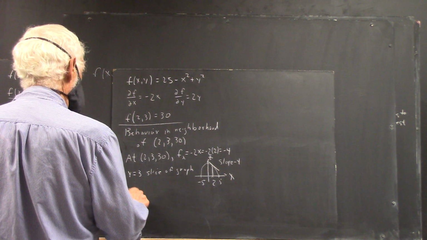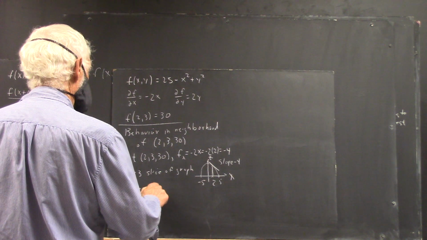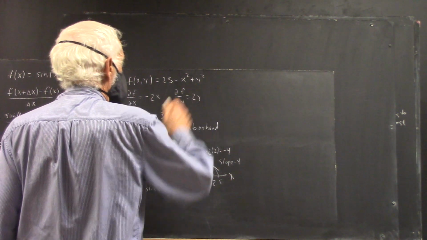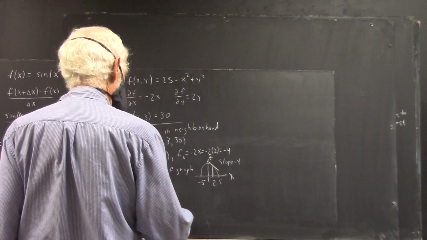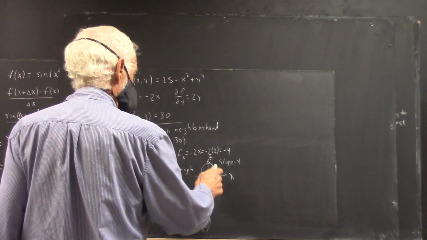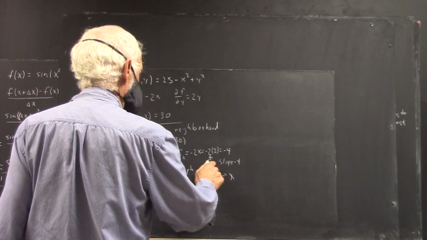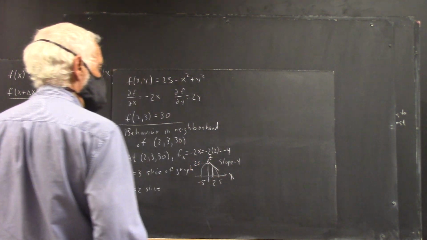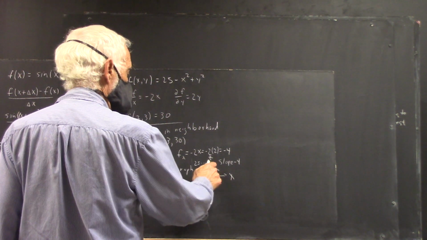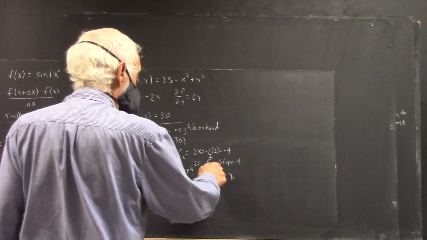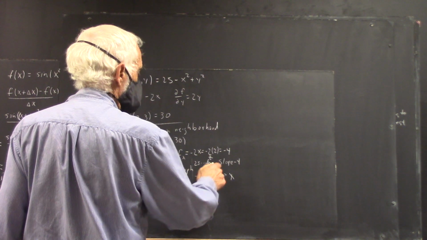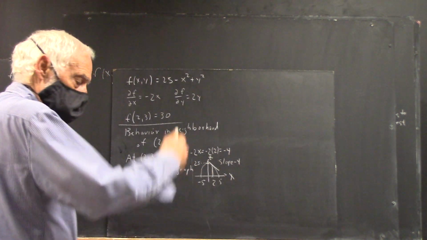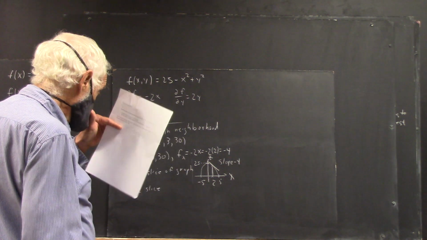And the x equals 2 slice, well, it's 25 plus y squared. Of course, here is z equals 25, right? So this is the point (2, 3, 30) in this slice. Now you've got to think through what the slice looks like.